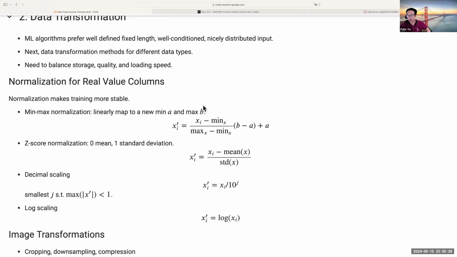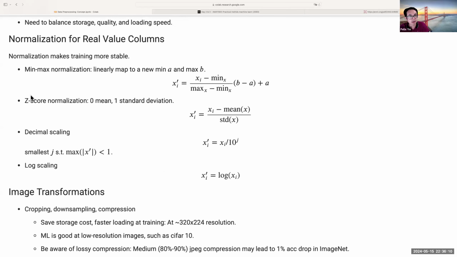But if you want to work with other traditional machine learning algorithms, you can work with A equal to 0 and B equal to 1. This is very simple, just a linear map: the minimum value of the data set will be mapped to A, and the maximum value of the data will be mapped to B.